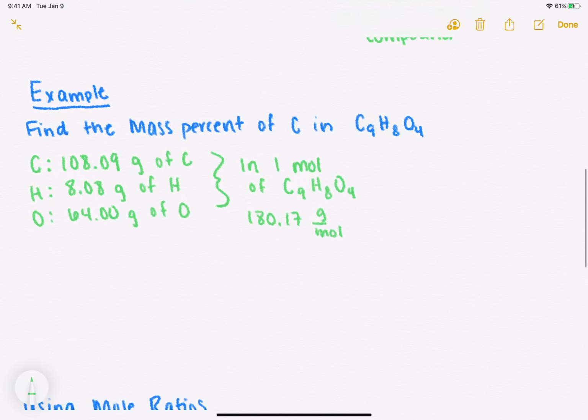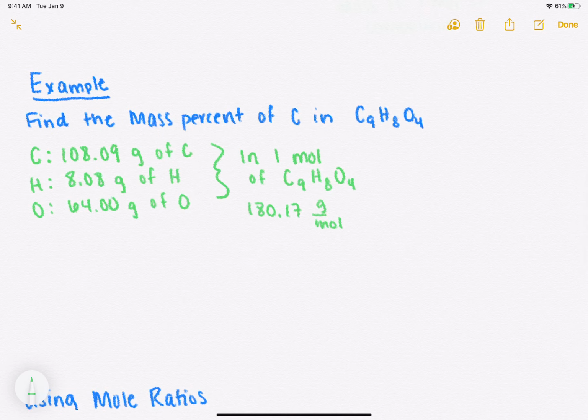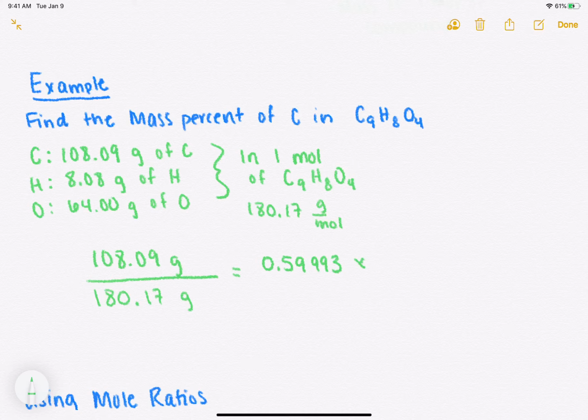So if we want to find the mass percent of carbon in this sample, then we're going to take the mass of the carbon, which is 108.09 grams, divided by the mass of 1 mole of the entire compound, which is 180.17 grams, and that's going to be equal to 0.59993, times 100 to turn it to a percent.